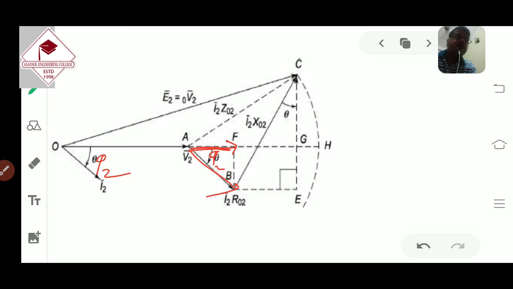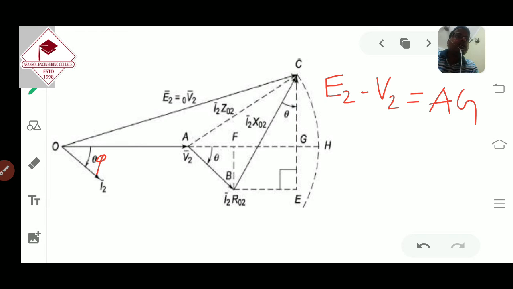Obviously it will be AF. So E2 minus V2 is equal to AG. Now AG is equal to AF plus FG.